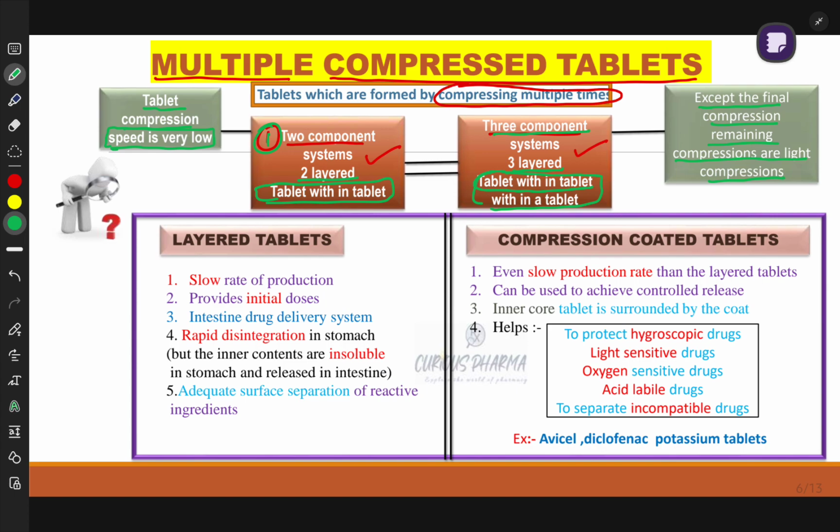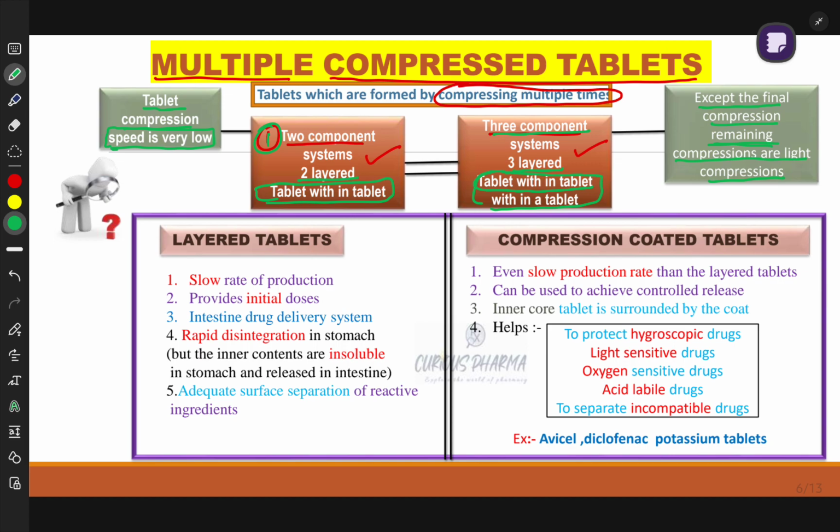The second compression and third compression, or whatever the number of compressions we are using to compress the multiple layers, should be very light to release the formulation and to let the solvent penetrate to disintegrate. So except for the final compression, the remaining compressions are light. For the final compression we use a strong compressing pressure, because it should have some friability and good quality, and it should also withstand transport.